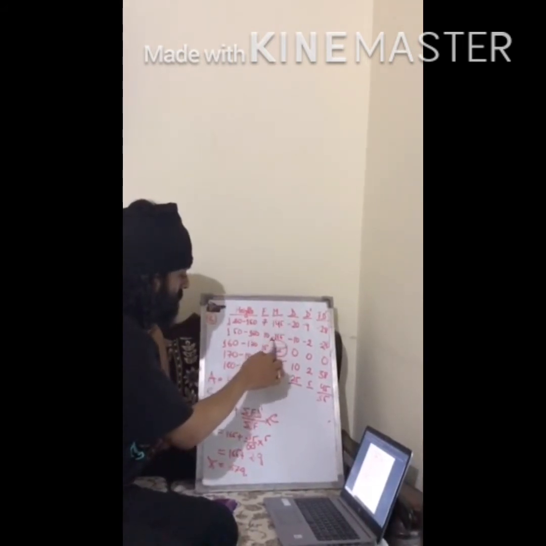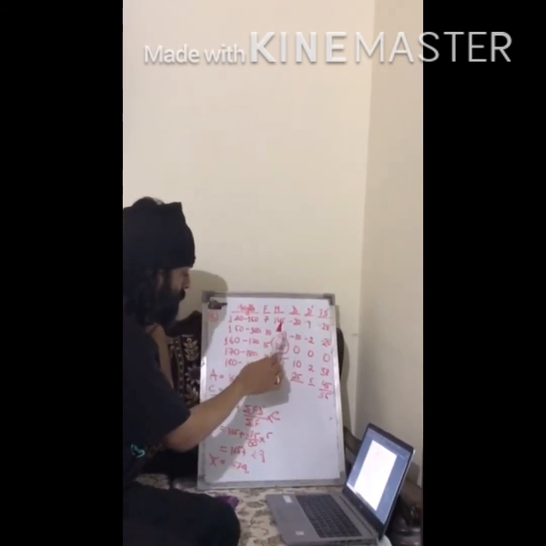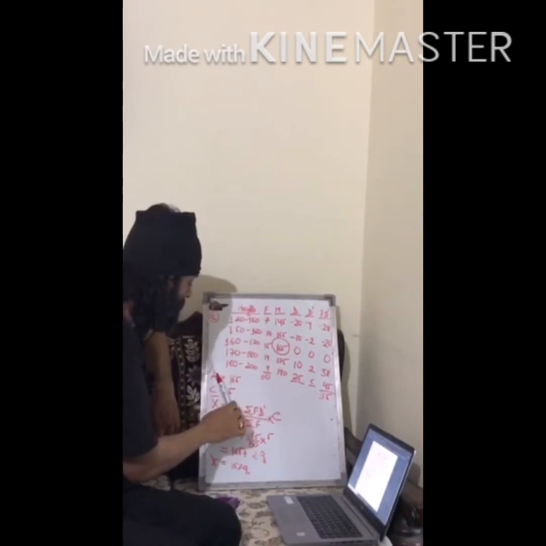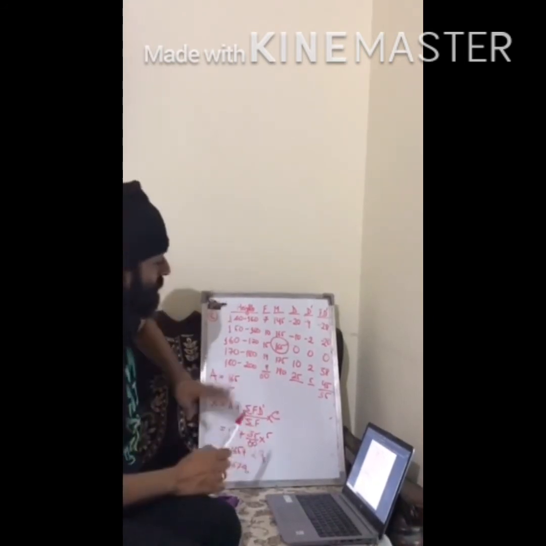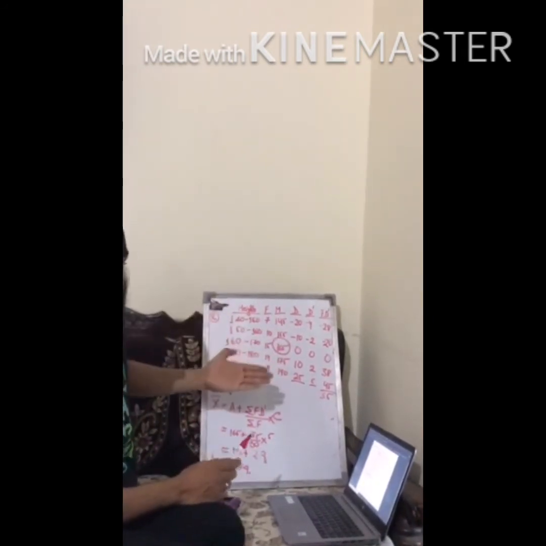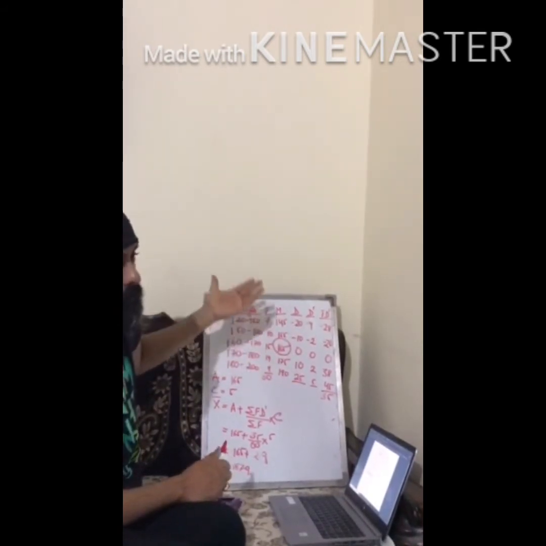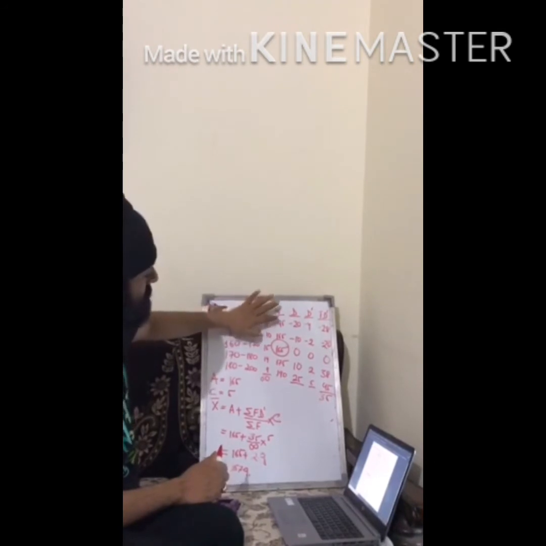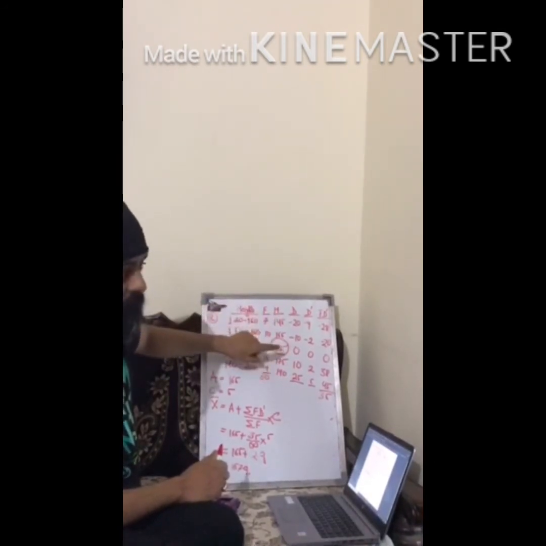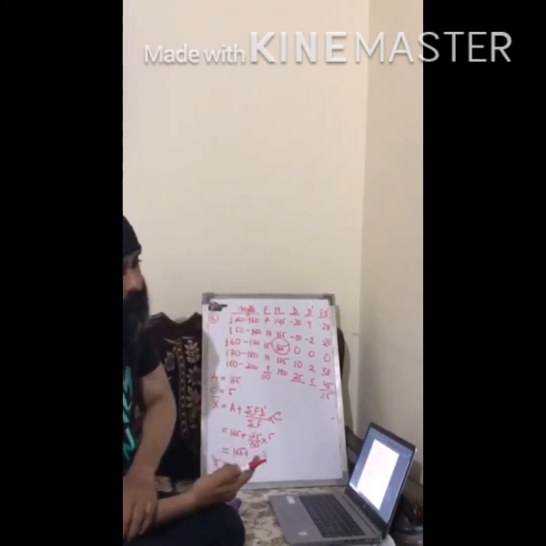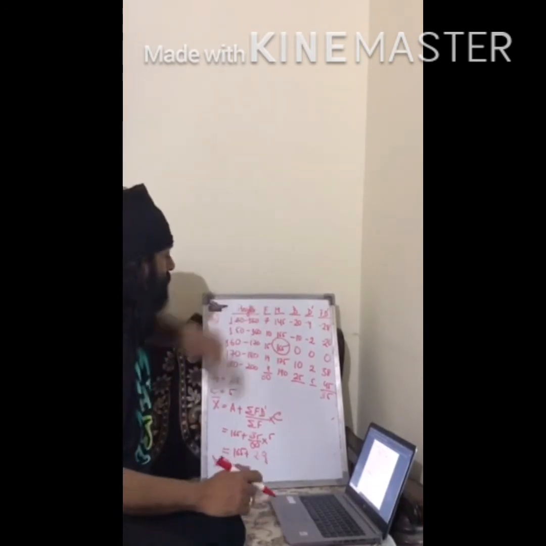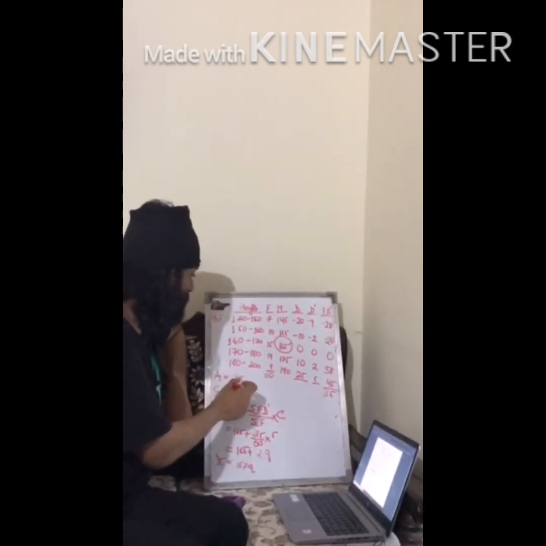The third class interval is the middlemost, so we take 165 as the assumed mean. In case there would have been 6 class intervals, we would have taken 6 divided by 2, which is the third one, so it would have remained the same. 165 only would have been taken as the assumed mean. Okay, so we take 165 as the assumed mean.